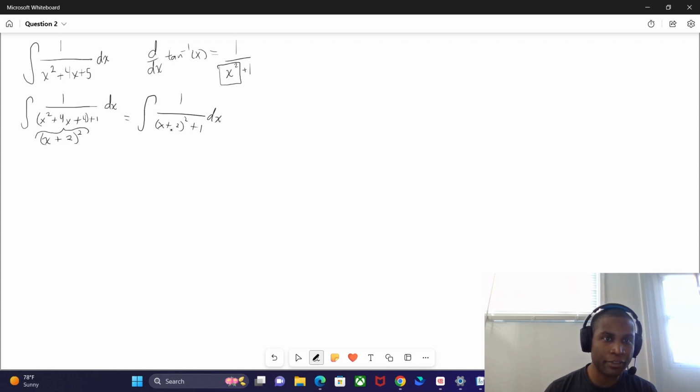Because this fits so neatly into the definition of the derivative of arctangent, we can just take this rule and apply it in reverse. Our solution is the arctangent of x plus 2, because that is our substitution for x here. And let's not forget that this is an indefinite integral, so we have to add our constant c.